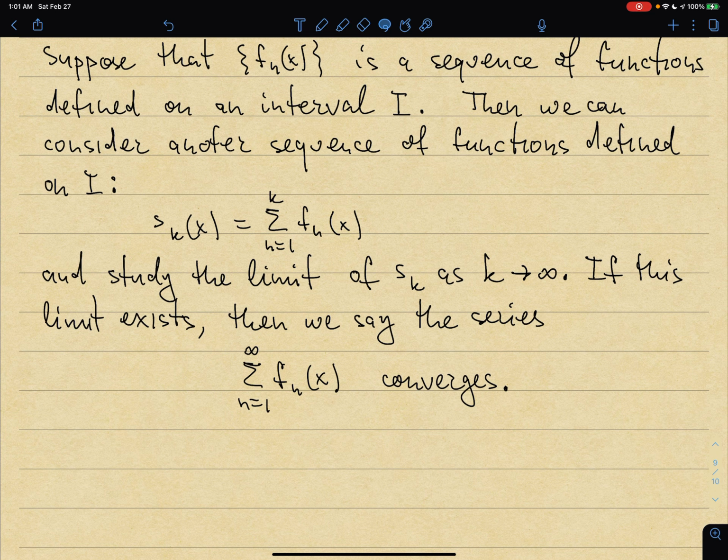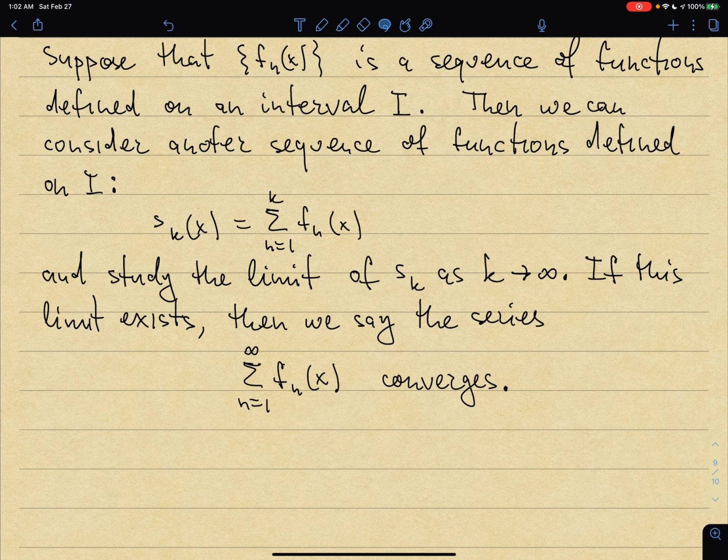In fact, we were able to define two types of convergence. One type was pointwise convergence, where you fix an individual x and then you study convergence of fn of x at that given point. And then there was also uniform convergence, where the supremum distance between fn and f went to 0 as n went to infinity.